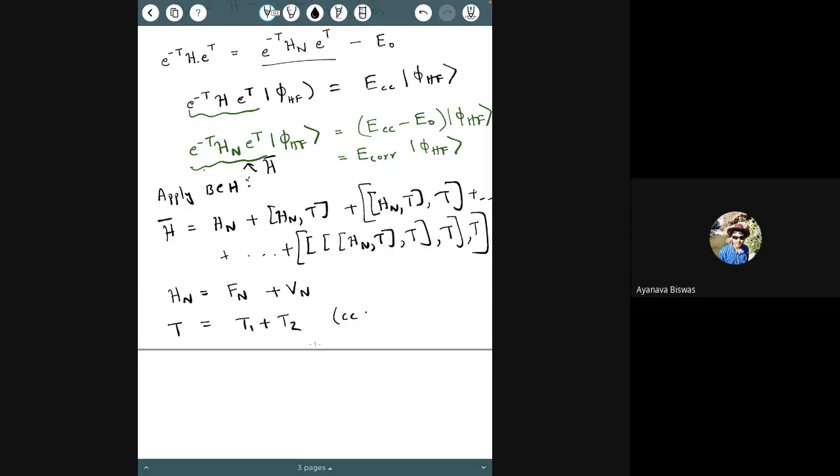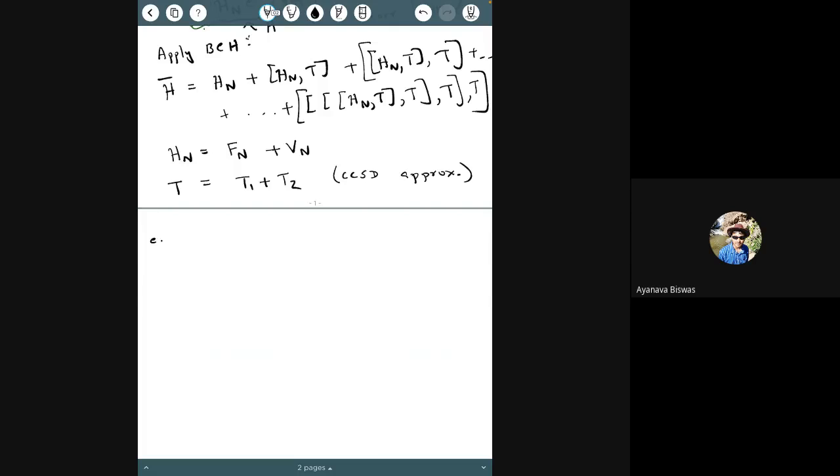So this is the CCSD approximation. And we will only do one term in class, but you can work out the rest. So let's do one term, which is Fn with T1, the simplest one. That is equal to FnT1 minus T1Fn.